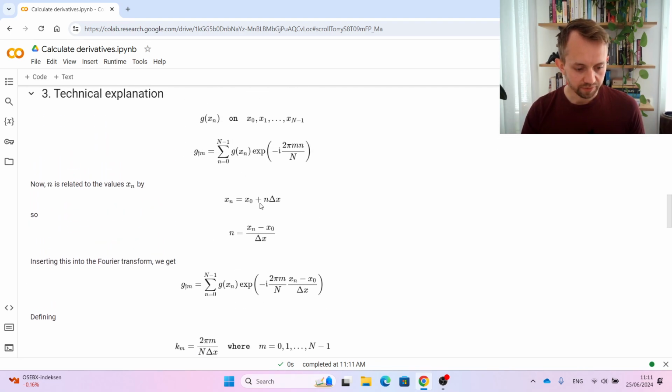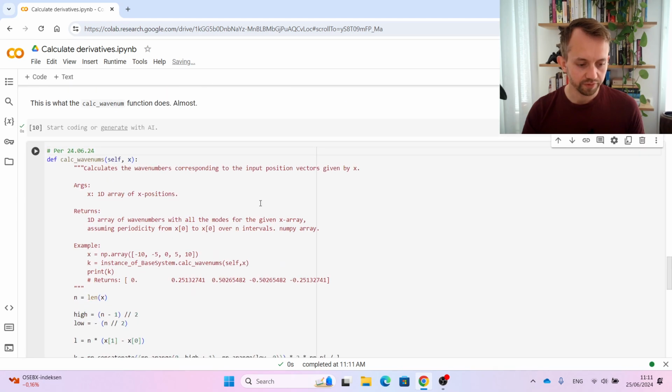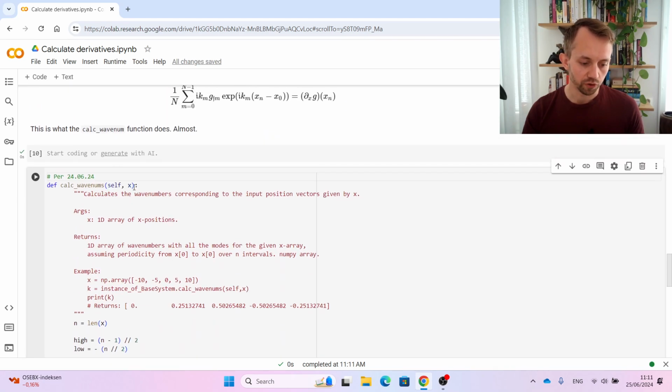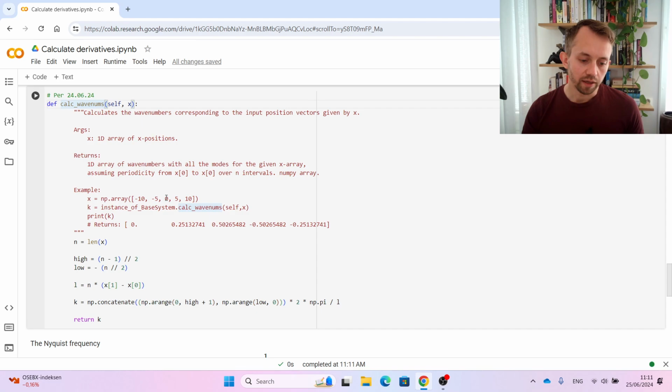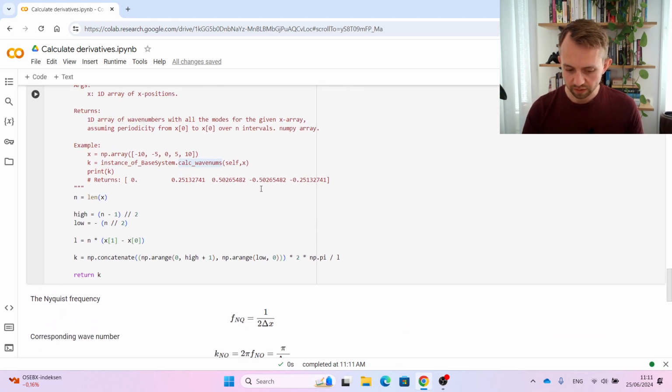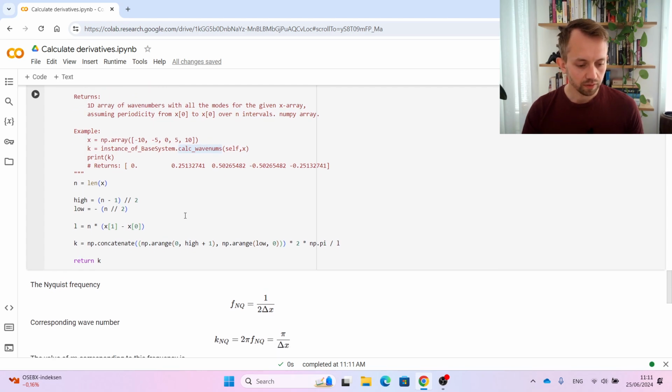Now, as I say, this is what the calc wavenums function is doing, which is found in the base system class and is called during the initialization of the instance. So it's calculating that. There's a small caveat, which is that you can see that it has these limits on high and low.